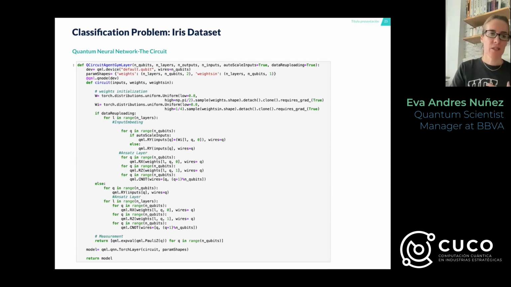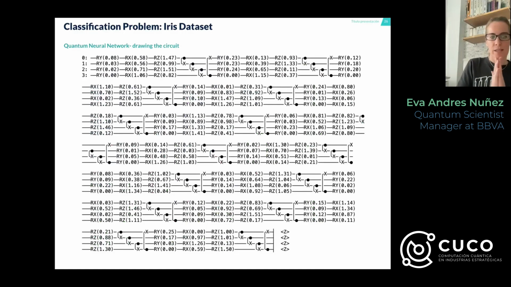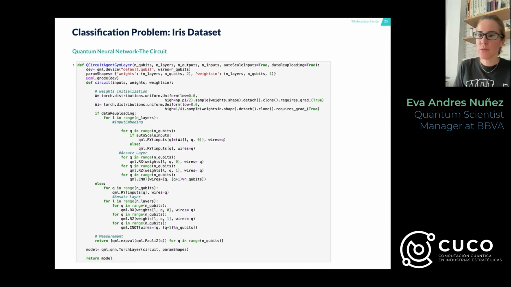So, in summary, in case we decide to use the data reloading technique, we add two weights, one for the encoding layer. As you can see, in this case we are not multiplying by num-pp, we are multiplying by the weight that we are learning in each step, in a similar way as the ansatz. In the ansatz, we use the weight for this layer, learning in each epoch and each iteration.